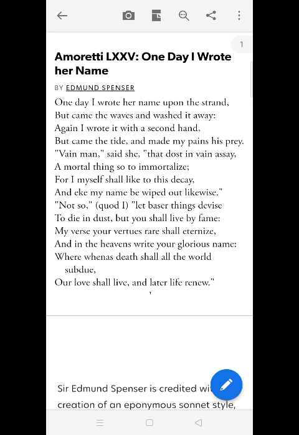Here the poet speaks of the struggle of the poet to immortalize his beloved, the woman, through his writing, through his sonnets or songs which he has written in praise of his beloved's virtues.